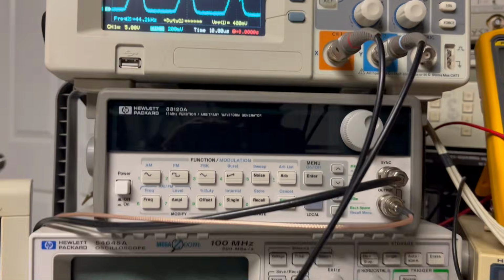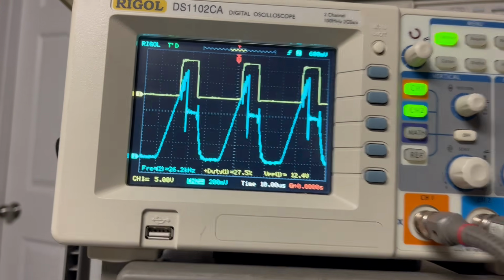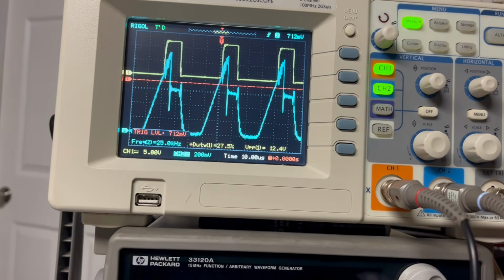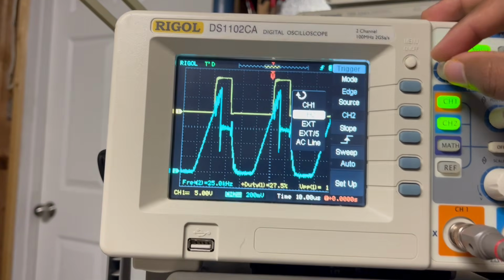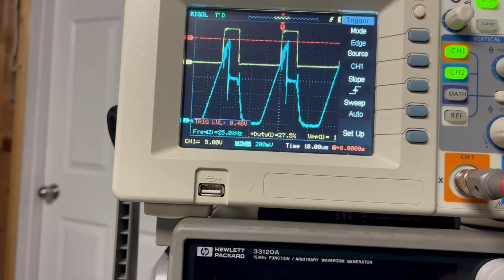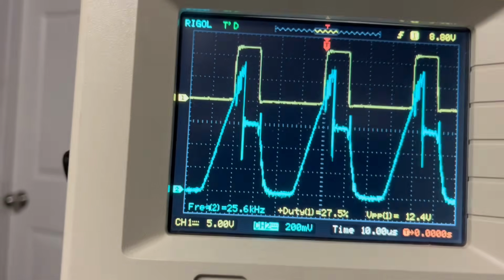Now take a look at what happens as I vary the duty cycle, right? Just adjust my triggering here. Actually, I'm going to trigger on the square wave for now. Alright, that gives me cleaner triggering.